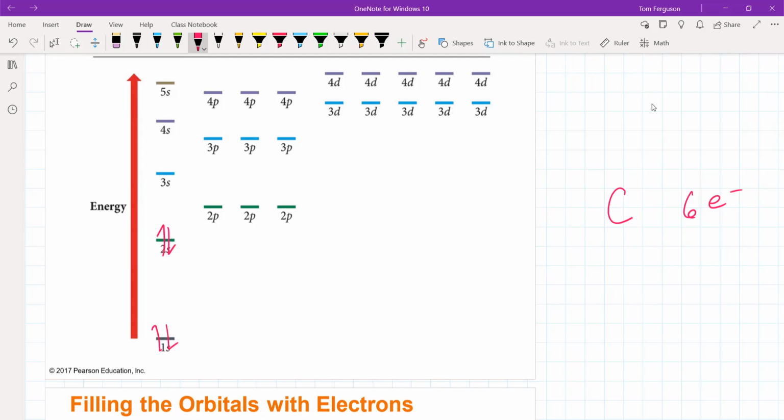And now how many electrons are left over? 2. Now, Aufbau says we can put 1 here and 1 there. We can't pair them up until the orbitals all have at least 1 electron in them. Okay, so that's what carbon looks like. That's how they're filled.